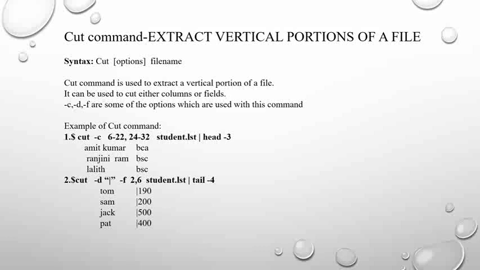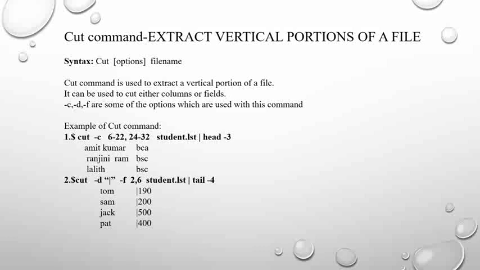Ranges are also permitted and commas are used to separate the column chunks. Hyphen d is used to specify the delimiter which is used in the file. Next is hyphen f. It is used to extract fields rather than columns. It has to be used with the -d option. So these are the options which are available in the cut command.